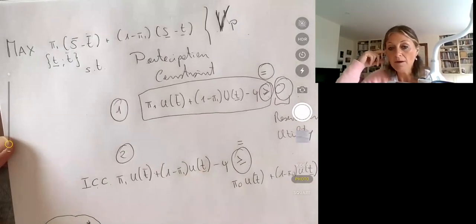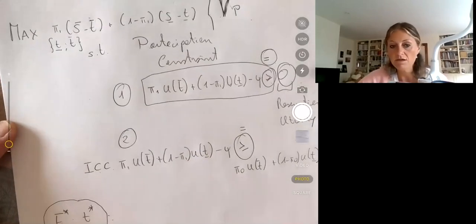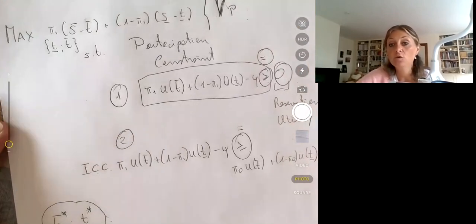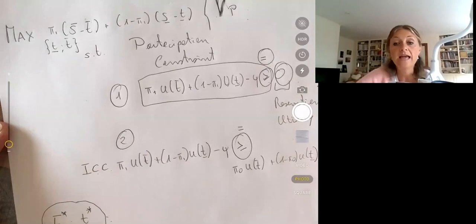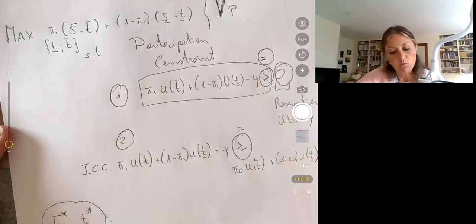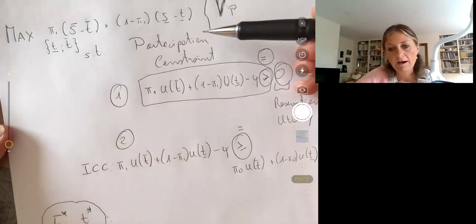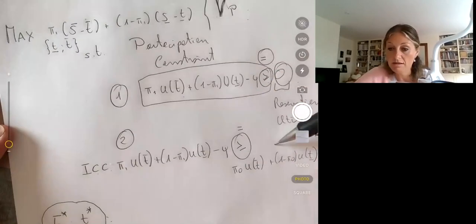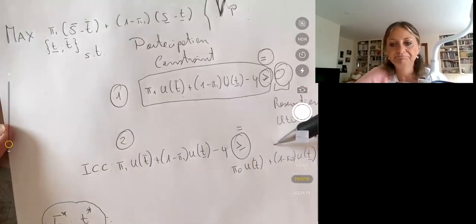So from the economic point of view, it's not obvious that the principal's problem is a concave problem. And therefore, we need to make some adjustment in order to use the Lagrange method and then the Kuhn-Tucker conditions, and see whether they are necessary and sufficient. The reason why it is not obvious that the problem is concave is because we have the U function appearing on both sides of the incentive compatibility constraint.